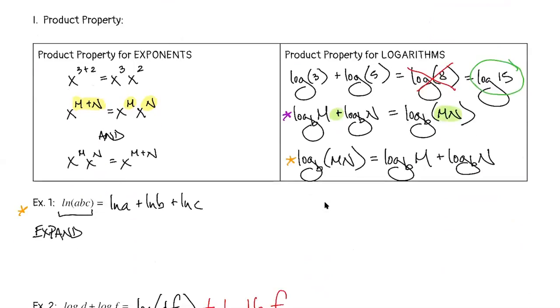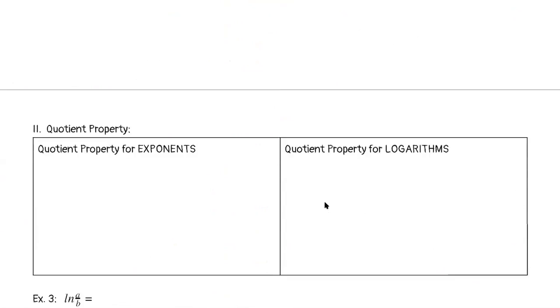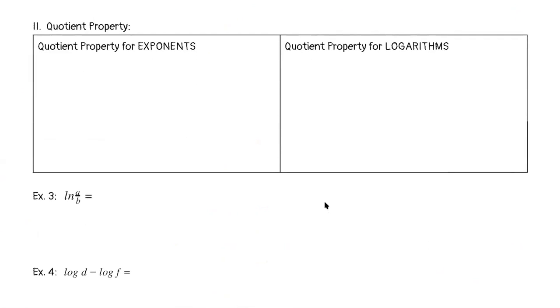Okay, so let's go back down, let's keep going. So in addition to the product property, we also have a quotient property, okay? So the quotient property for exponents, and let's start with numbers, I could have x to the 5th, and I could say that's equal to x to the 7th over x squared, right?